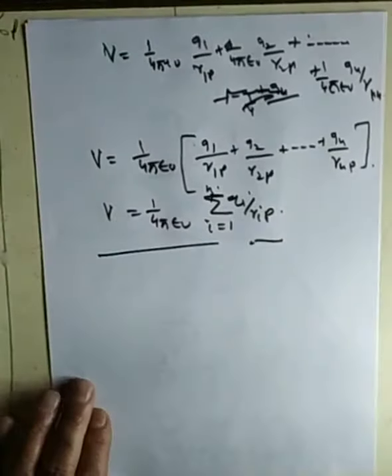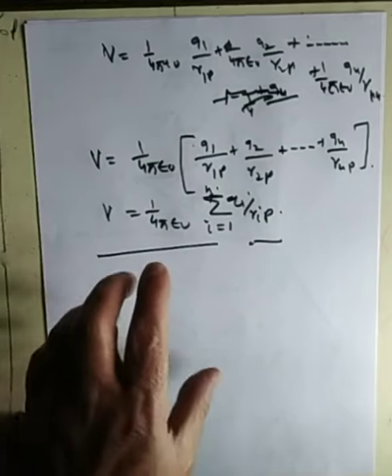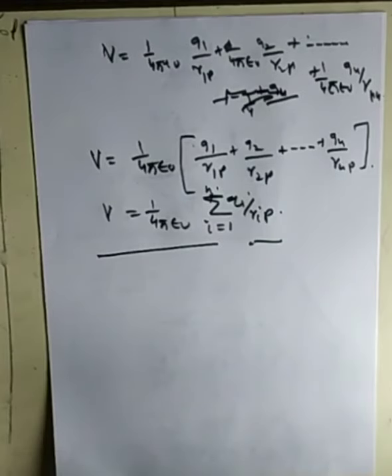This is the final relation for total potential at a point due to discrete charge distribution.